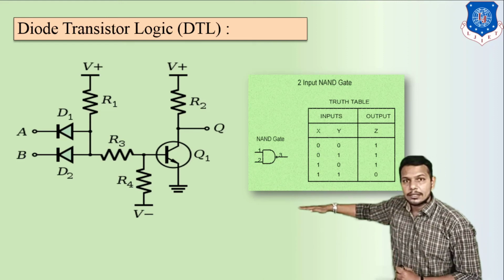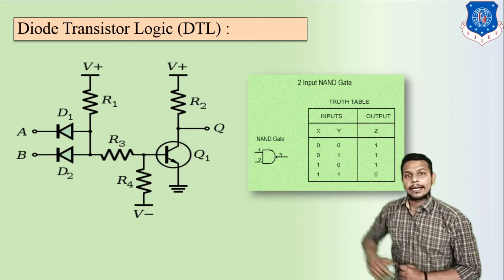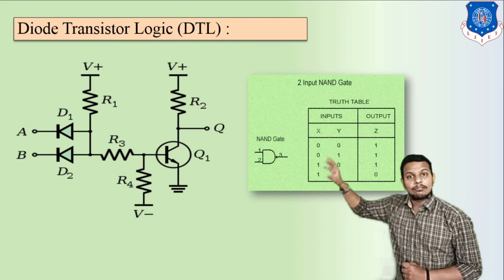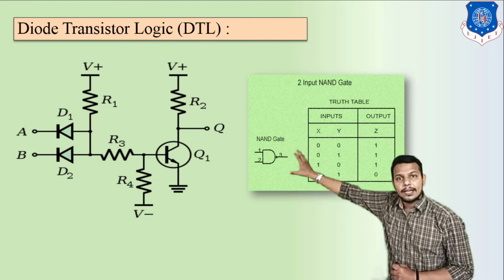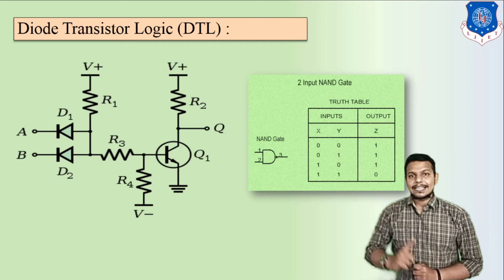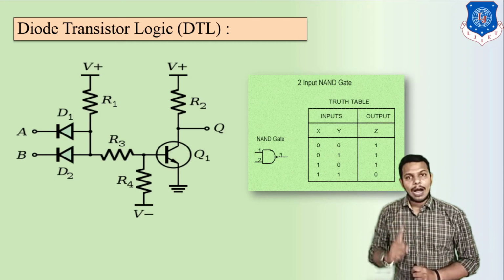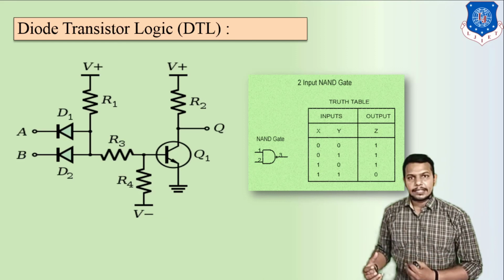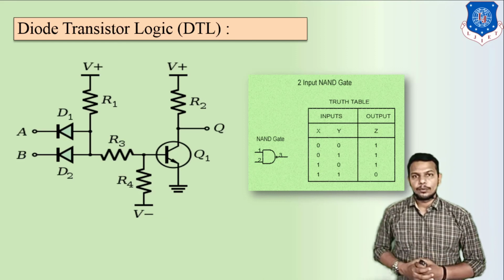Due to this, there will be a flow of collector current at the collector side. So there will be a voltage drop across the R2 resistor. That's why VCC is not equal to your output Q. That means your digital output will be 0.